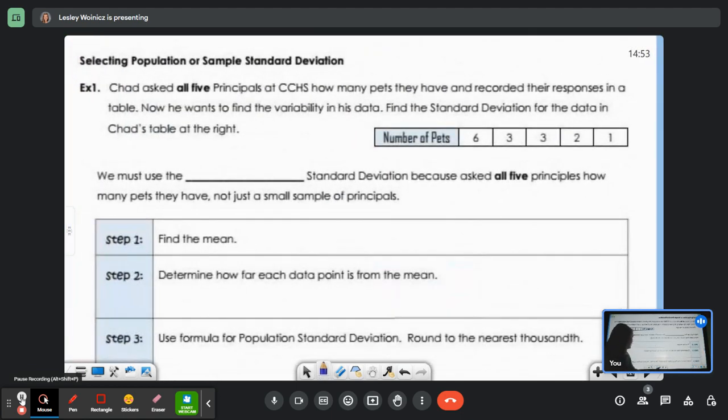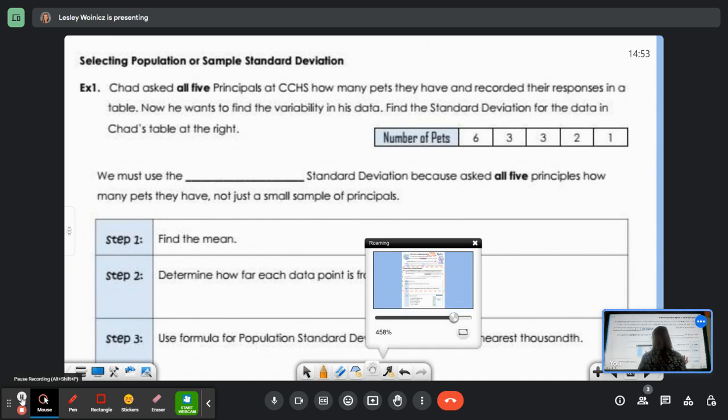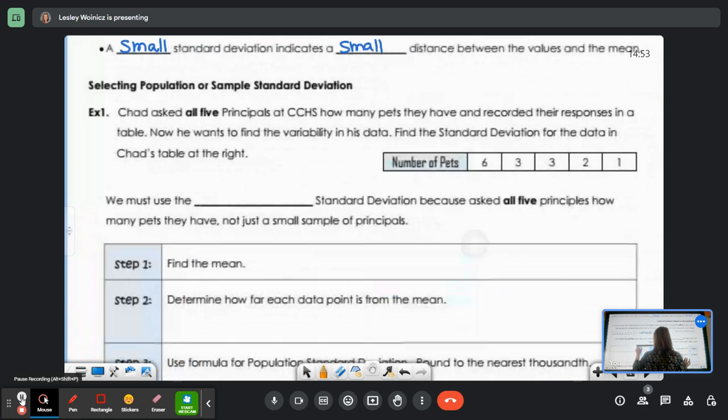So we need to be able to decide whether we are going to pick a population or sample standard deviation. These two have 2 different symbols. Population standard deviation, we use a sigma. It's a little Greek letter with the X subscript. It kind of looks like an O with a little toupee.